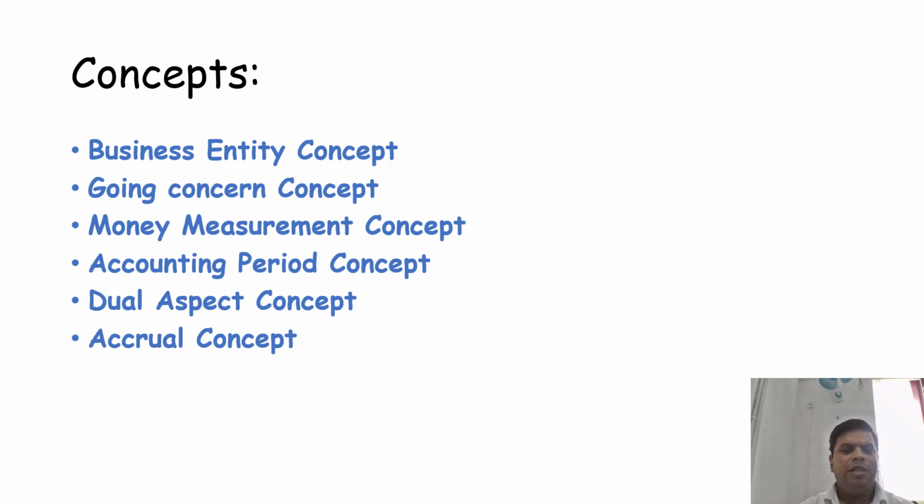And the second one is going concern concept. Going concern concept is also known as ongoing concept. Ongoing concept means once you have started your business, you will never think your business will be shut down. That is, every business has an indefinite life. Indefinite life means once you have started your business, you always consider your business will run for a long time. Basically, this concept is given for accountants.